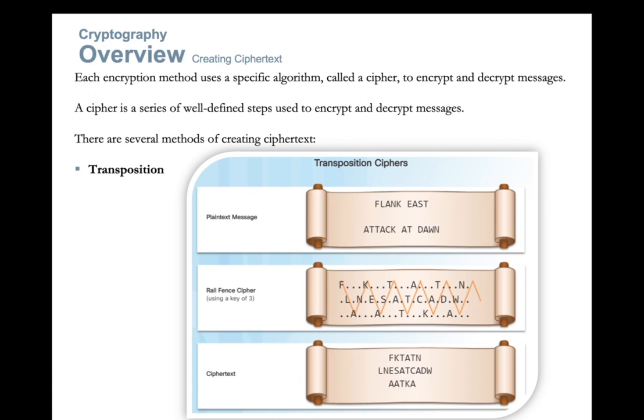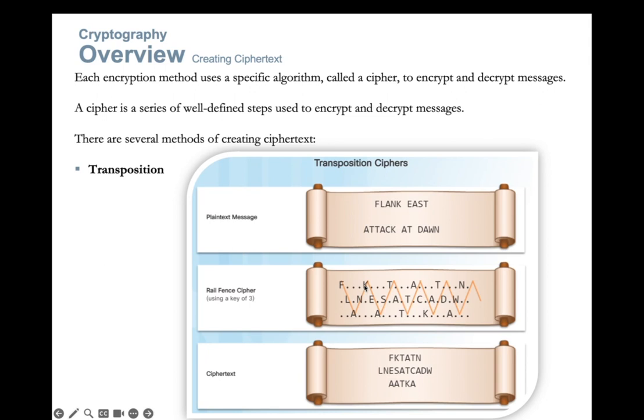In the transposition example, the plain text is "flank east attack at downtown." The key used here is the rail fence cipher, in which the plain text is arranged with a rail fence of three, so three lanes are used.